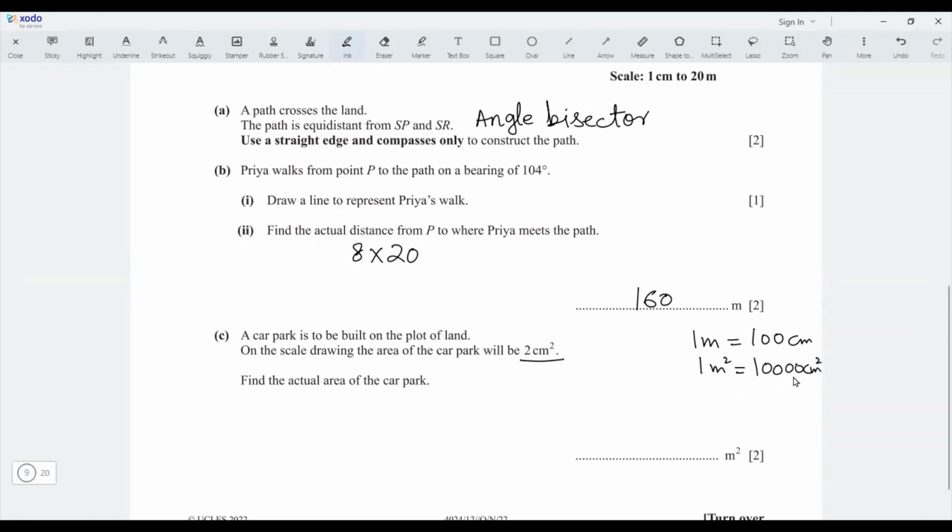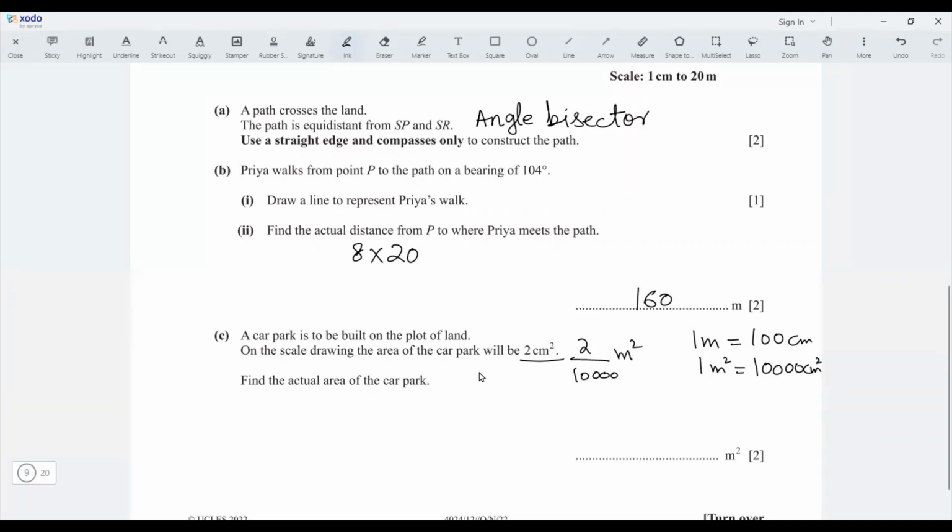So 1 meter squared is equal to this. We need to apply this here as well. What about 2 centimeters squared in terms of meters squared? You have to divide by 10,000, so in fraction form, 2 over 10,000 meters squared.